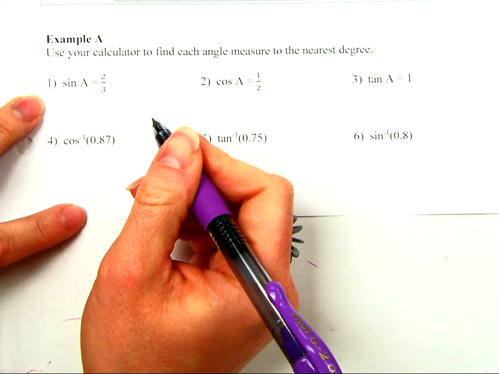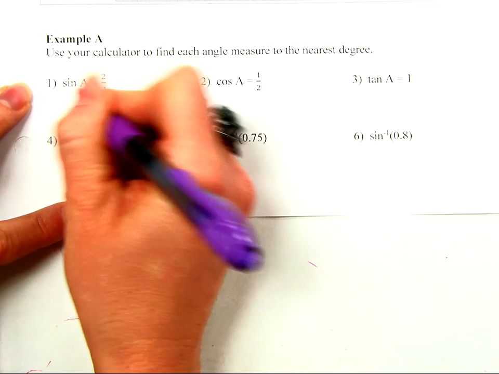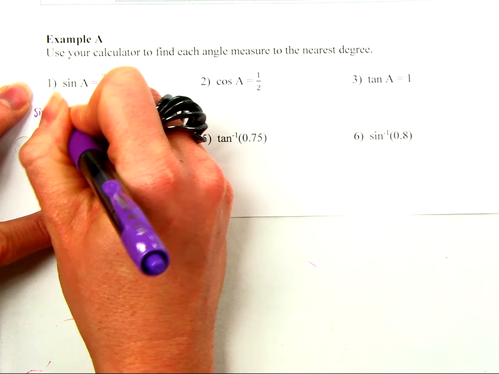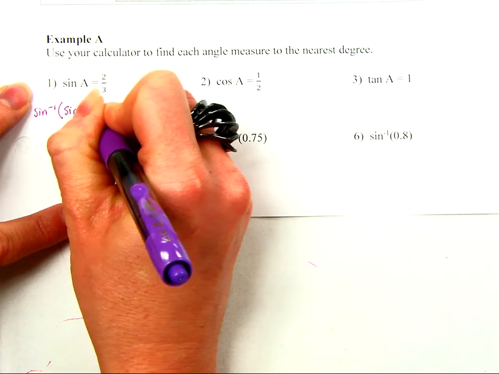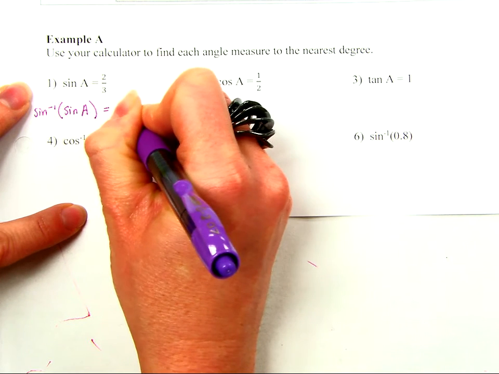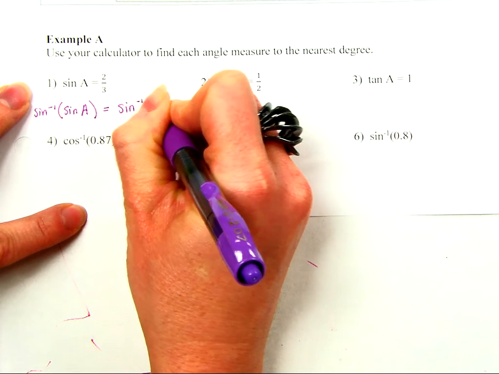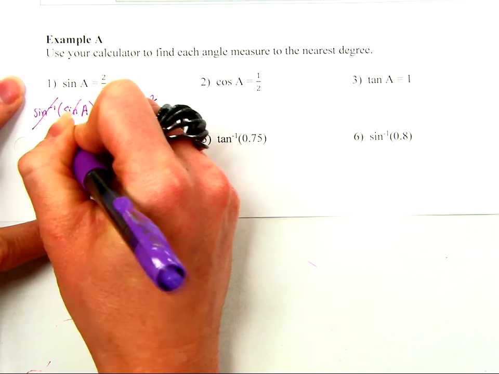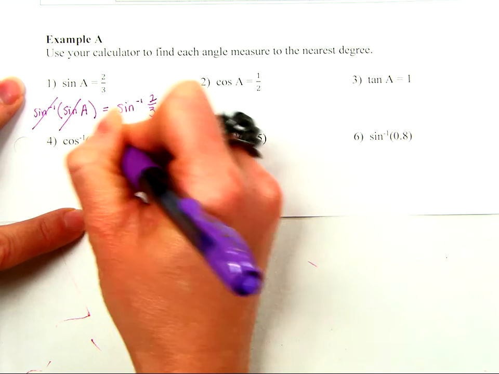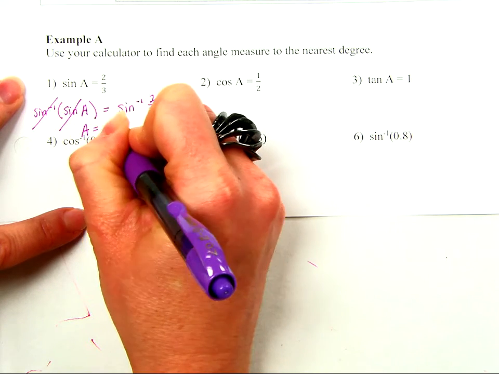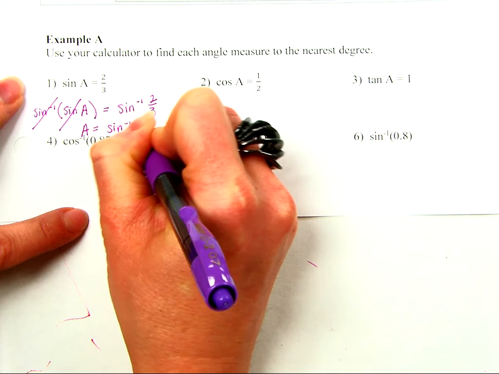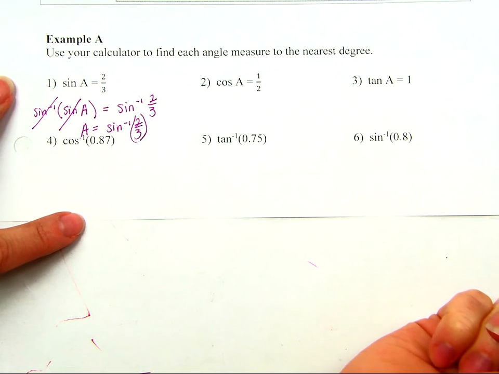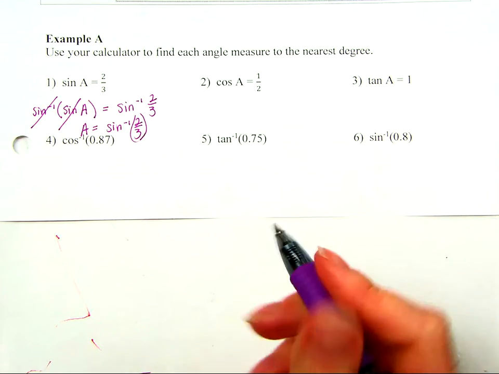If I'm solving this algebraically, and I take the inverse sine of the sine of angle A, what I do on one side, I have to do on the other. The inverse sine kind of cancels out the sine, and we're simply left with that angle A would be the inverse sine of 2/3. Now, we don't always write out all of those steps, but I wanted to show you that.